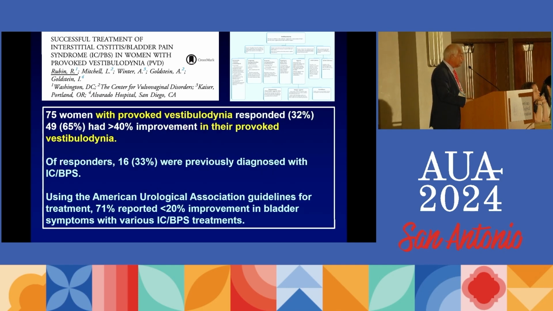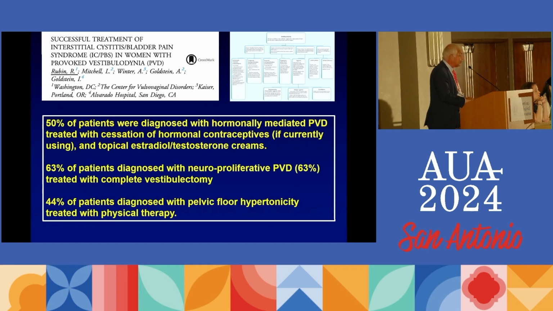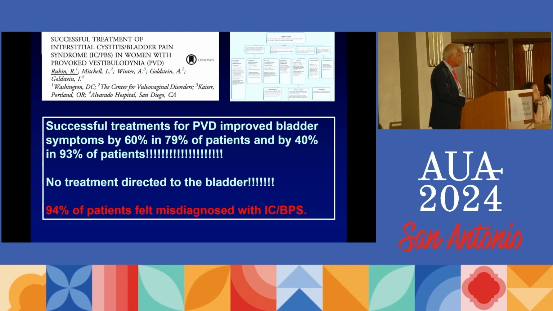These women with provoked vestibulodynia were treated for their provoked vestibulodynia, and there were responders to their treatment. 50% of patients were diagnosed with hormonally mediated vestibulodynia, 63% with neuroproliferative vestibulodynia, and 44% with high-tone pelvic floor dysfunction.